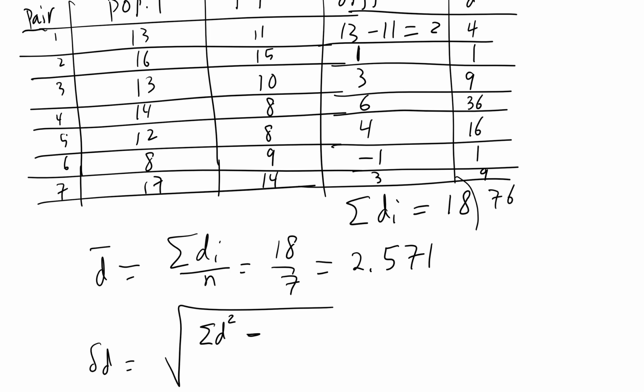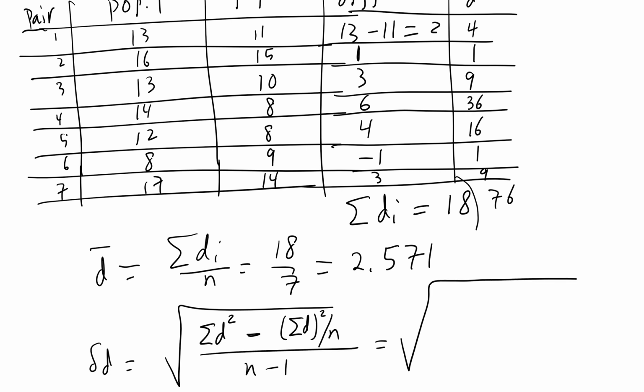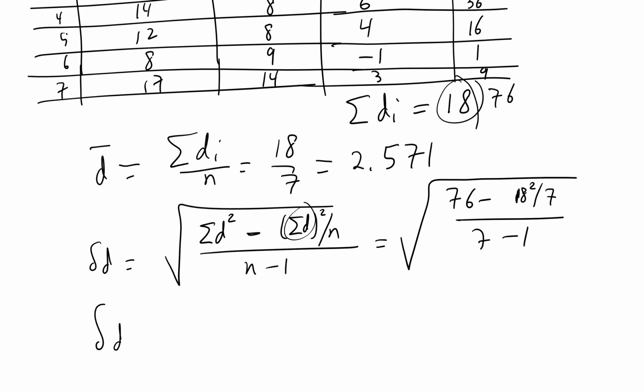So minus, you sum all the d's and square it, divided by n, over n minus 1. So this one here was 76. We already found the sum of the d's, it's 18. So it's 18 squared over n. n is 7, over 7 minus 1. Of course, a calculator is needed here, you can do everything by hand. And that gives me 2.225.